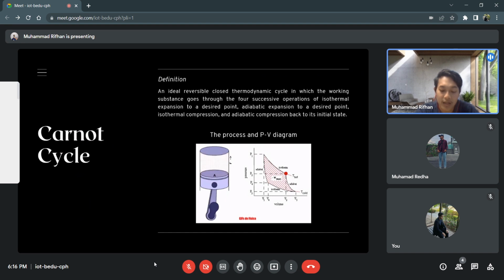There are four operations to complete the Carnot cycle, which are isothermal expansion to a desired point, the second one is adiabatic expansion to a desired point, the third one is isothermal compression, and lastly the adiabatic compression back to its initial state. So the GIF below is the process and PV diagram.